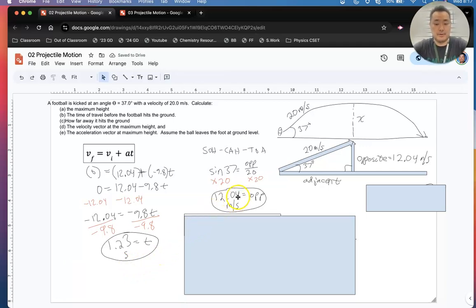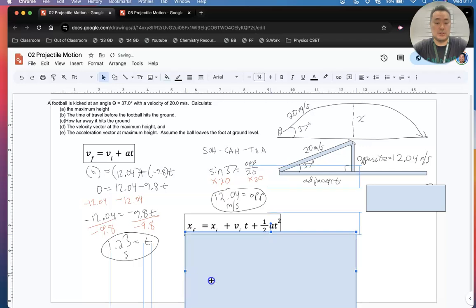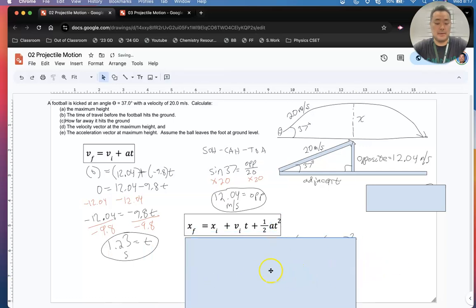So we're going to take velocity and we're going to take time and solve using this equation down here. So x sub f is our height, x sub i is from the ground, v sub i is our vertical velocity of 12.04, because we're trying to find height, not the distance.